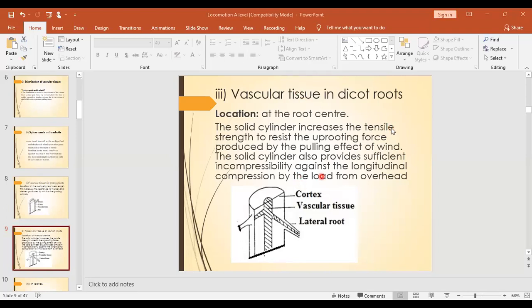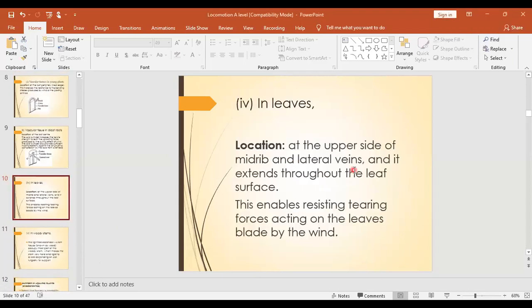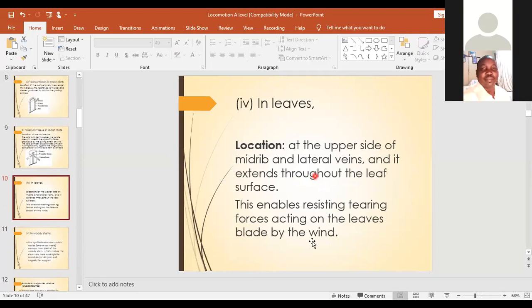So they need a very solid cylinder at the center so that it will resist the compressibility of the roots. Then we are also saying that in the leaves, they are also located at the upper side of the midrib, and that enables the leaf to be pushed, but it resists the tearing forces that may act on the leaves and then the blade.